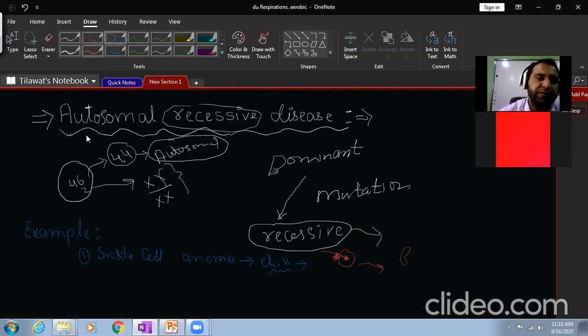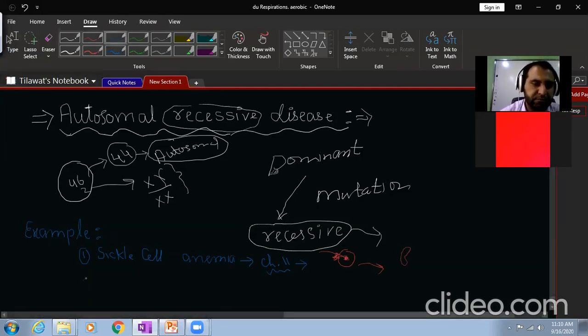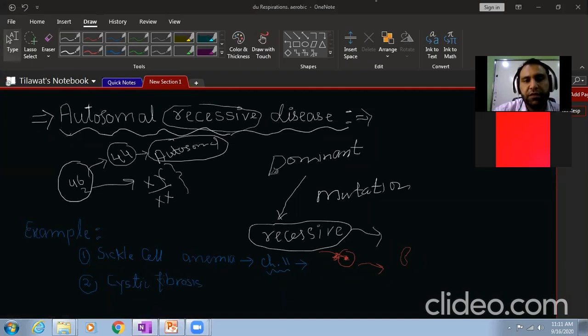Another example we have is cystic fibrosis. This is also a hereditary disease.